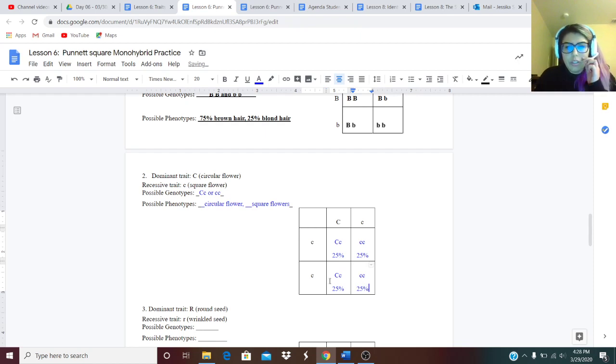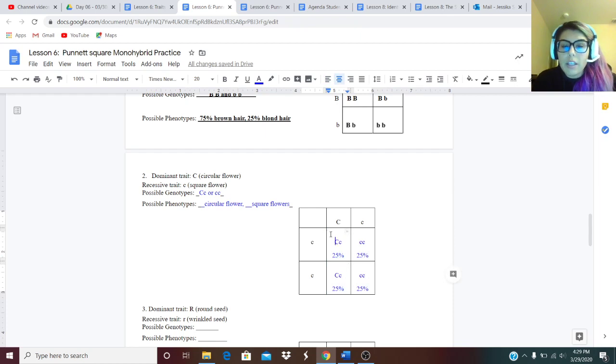Okay, so I'm looking for circular flower. What percentage of the offspring are going to be circular flowers? So circular flowers are going to be anything with a dominant C, a capital C. So this box and this box.